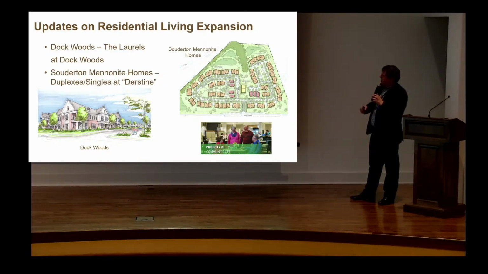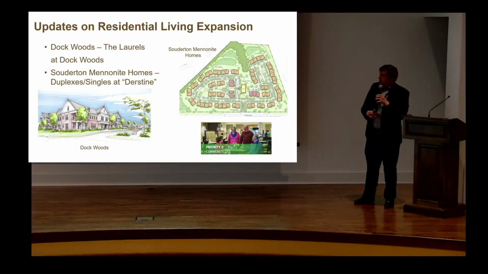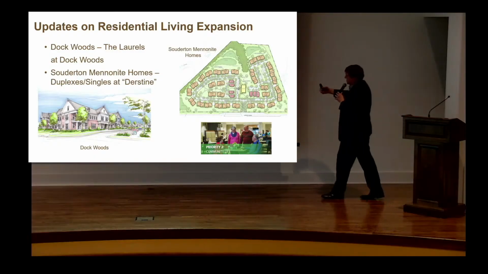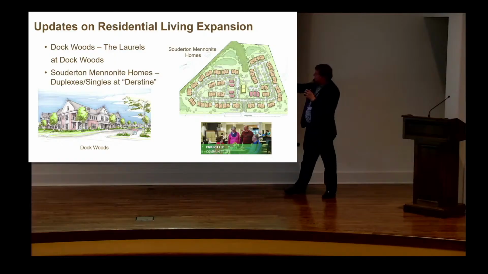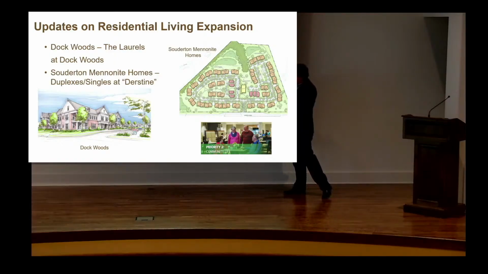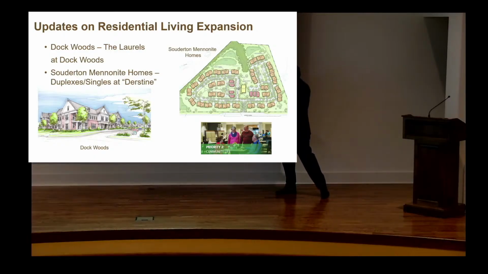And then on the right is what we're still, as of now, calling the Durstein property. I would say in the next week or two, we'll have a new name that we'll be able to be using for that property. And this would be just an example of the development. These, what I would say, more orange type buildings would be duplexes, 2 units per building, and then the reddish colored ones are singles, and then there's a clubhouse in the middle.